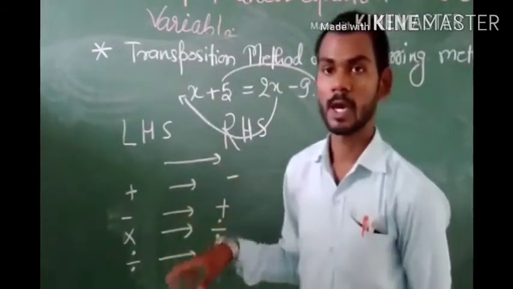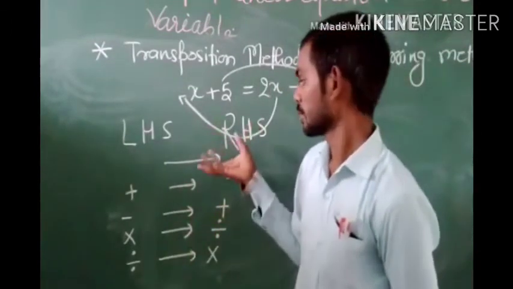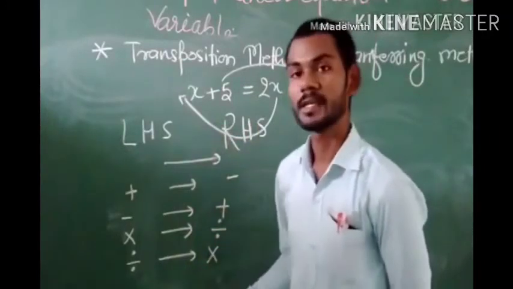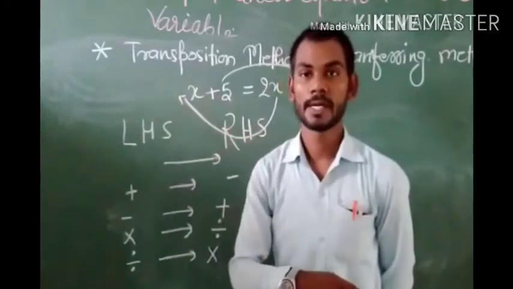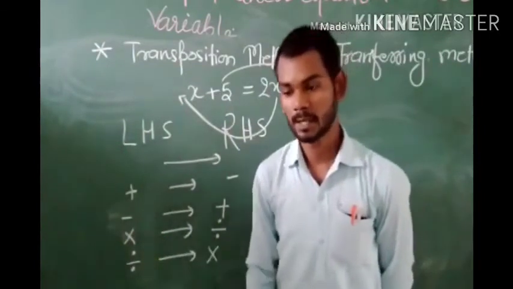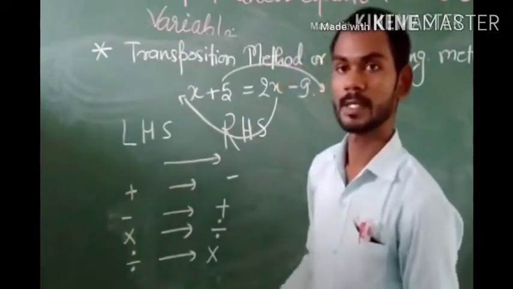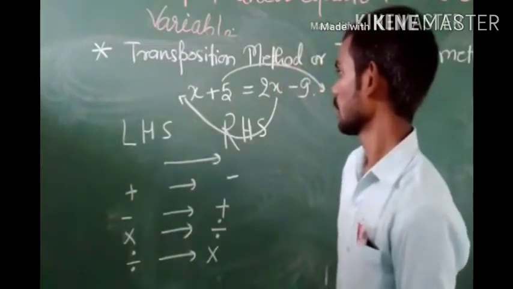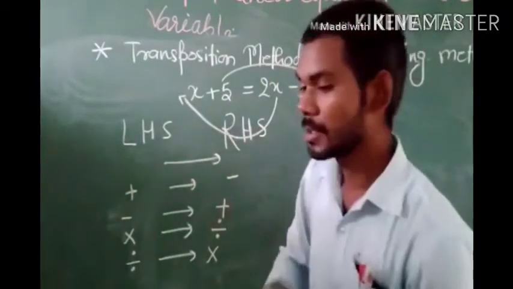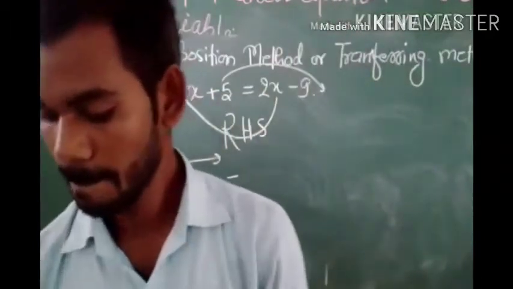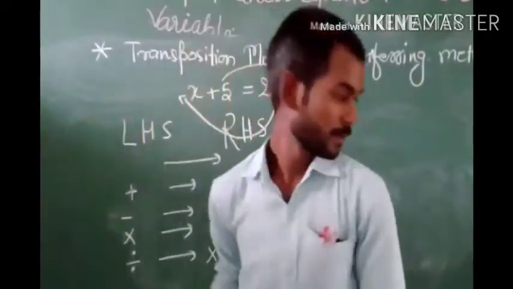In the method of transposition, these signs are changed when we cross from the left hand side to the right hand side and vice versa. So let us see the given example in the method.